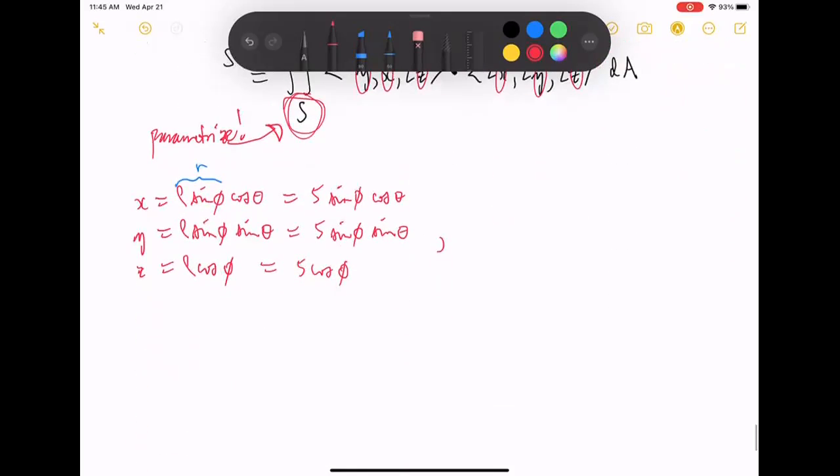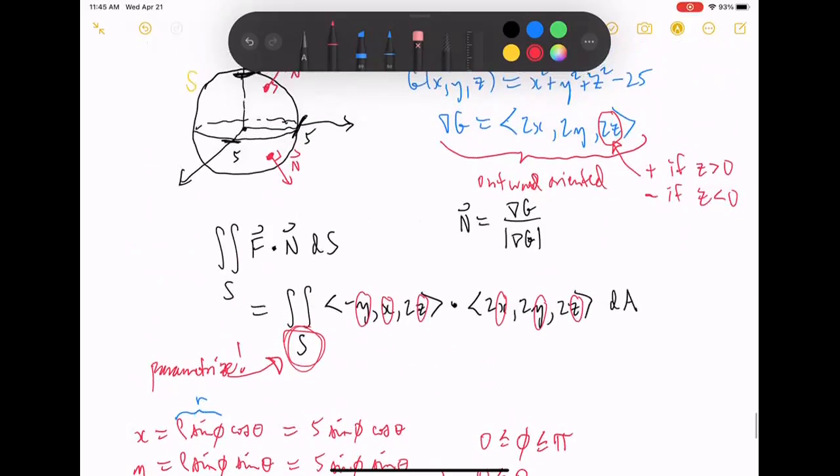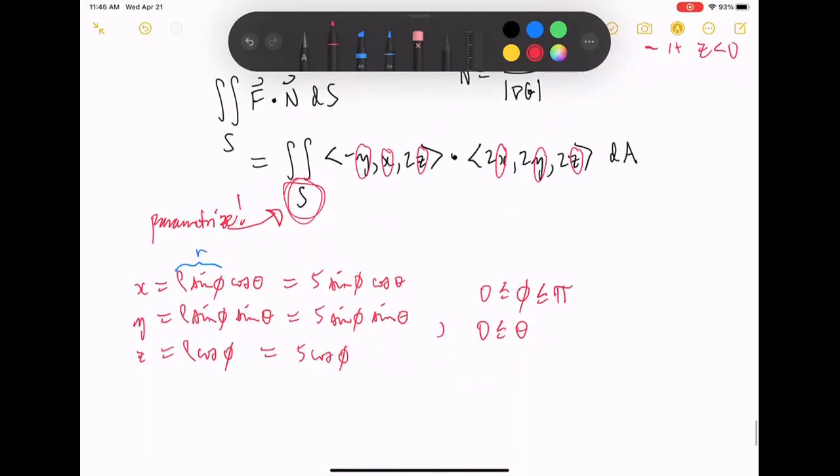So 0 is less than or equal to phi is less than or equal to pi. And then what was the other one? 0 less than or equal to theta. Theta is basically the angle from the positive x-axis all the way around, if I looked at the projection of this point onto the xy plane. So 0 is less than or equal to theta is less than or equal to 2 pi.